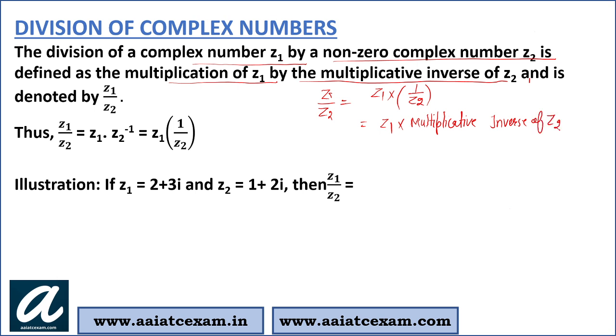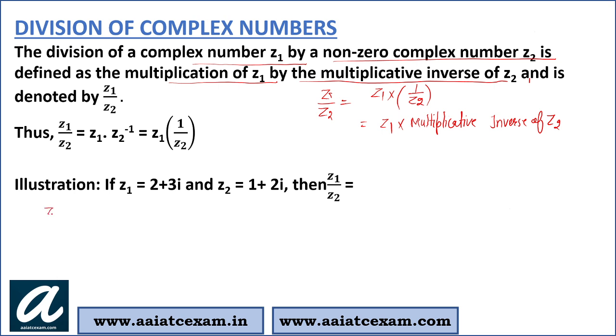So this is how I have calculated the division here. Division of two complex numbers is equal to multiplication of the first number and the multiplicative inverse of the second number. Consider you want to calculate z1 by z2 here.